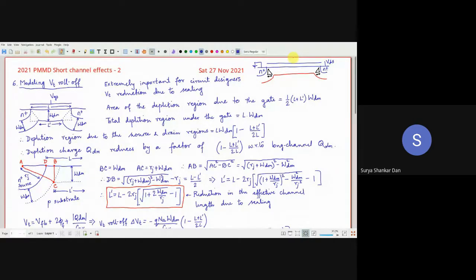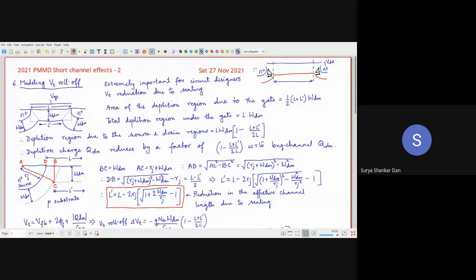In long channel devices we never bothered because this region is very small compared to the big region under the channel, which has a completely 1D potential profile, as I mentioned in our previous lecture. The device operates like a simple MOS capacitor, the charge sheet approximation is valid, so things are simpler.